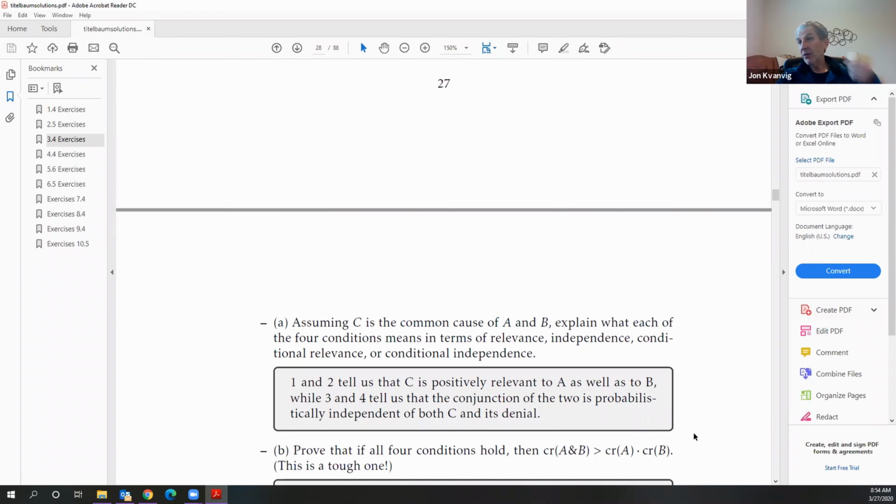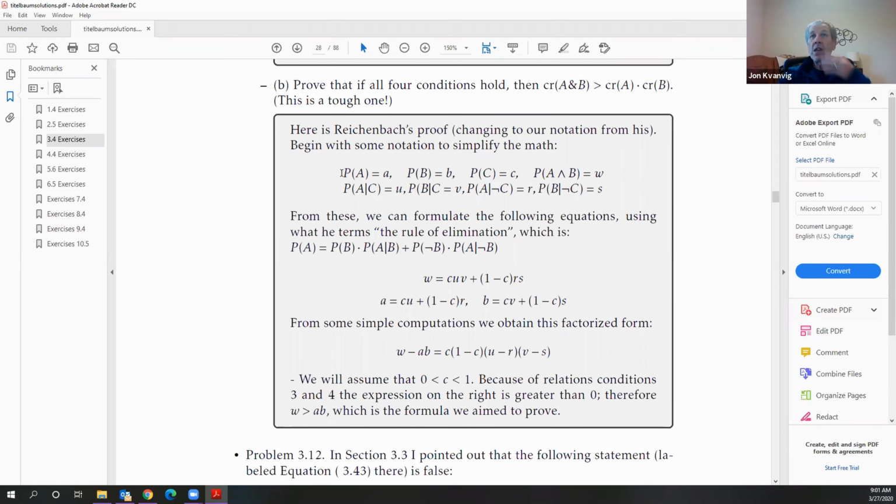All right, now here's a tough proof, and I don't want to spend a lot of time on this. This is a very hard proof. It was proved in Hans Reichenbach's book in 1952. Here's what he says. He is going to assign a bunch of variable letters for each of the probabilities. So probability of A is going to be little a, probability of B is going to be little b, C is going to be little c.